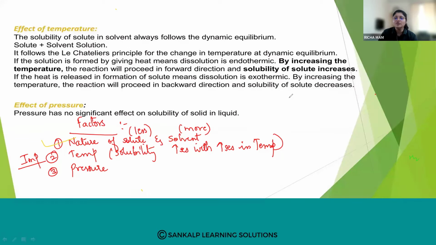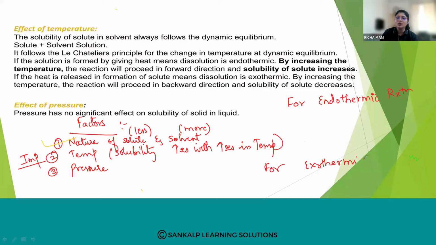Now there are two cases. You know what is meant by endothermic and exothermic. Whenever we are discussing temperature, there will be two types of reactions: one is endothermic, another is exothermic.